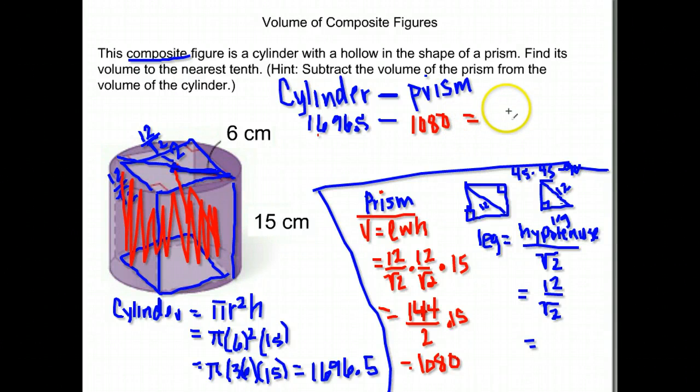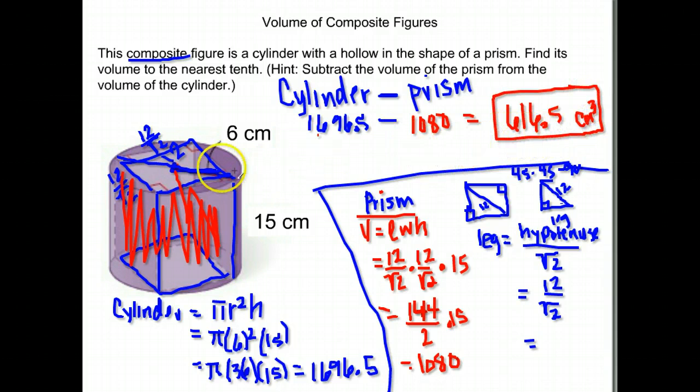If I subtract those, I get a final volume of 616.5, and that would be in cubic centimeters. So this one was a little more difficult because we had to find parts of the prism to actually do its volume. Again, anytime you can just leave them exact rather than rounding, you're better off for it.